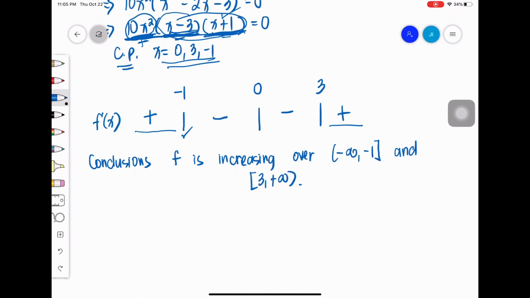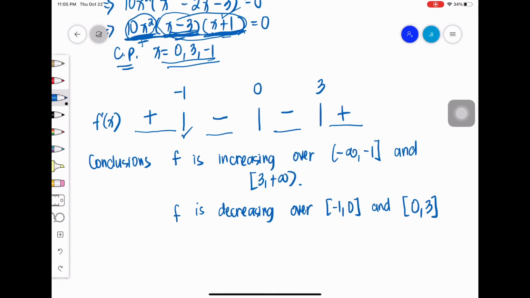For the next one, we can conclude on which intervals is f decreasing. So from above, we can conclude that f is decreasing over the intervals negative 1 to 0 and 0 to positive 3.